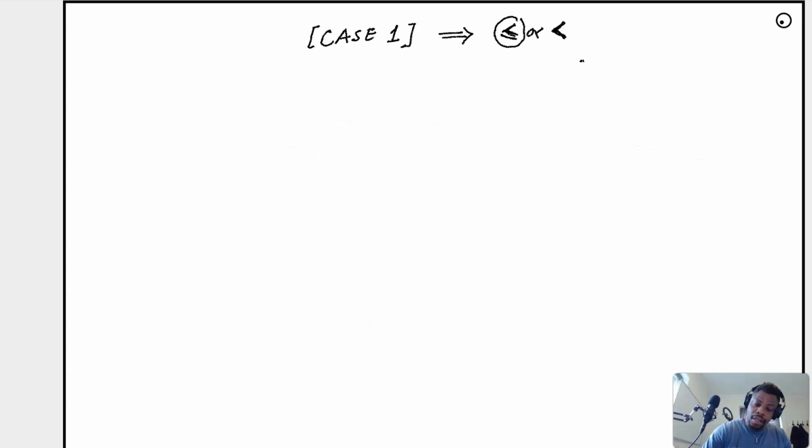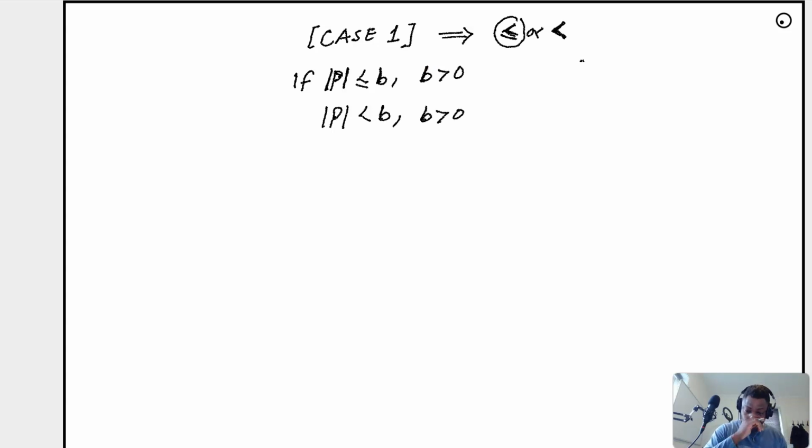So now for this case 1, if modulus P is less or equals to B, or if modulus P is less than B, here B has to be greater than 0. B has to be greater than 0 for this rule to work.